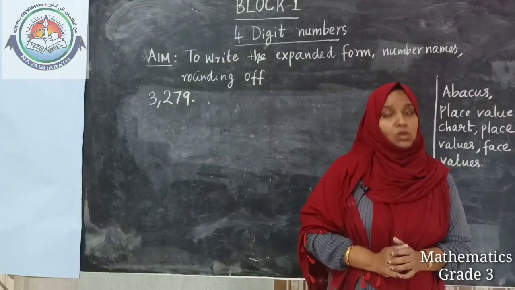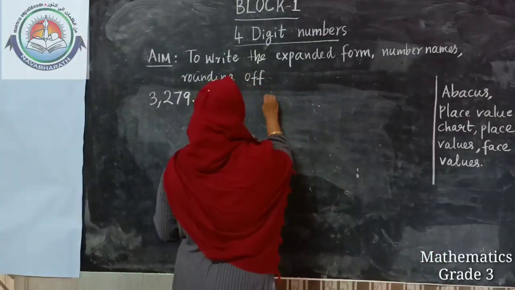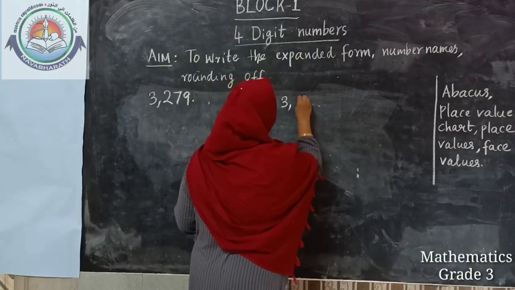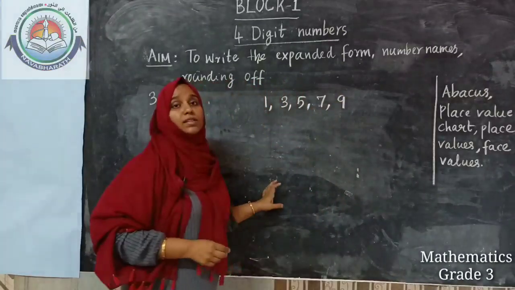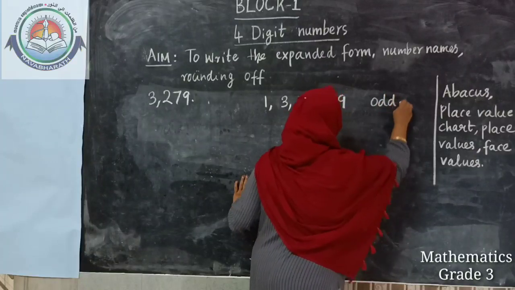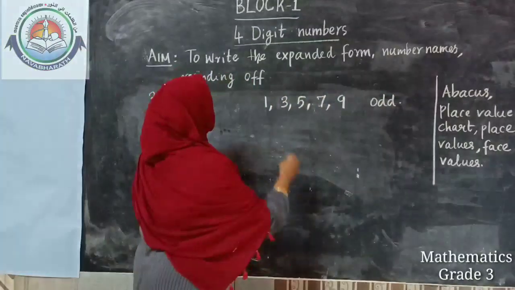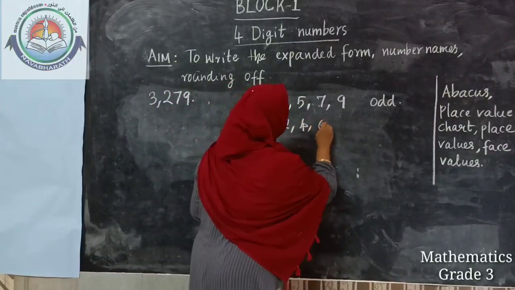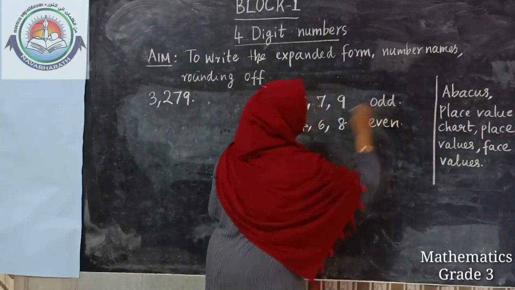Odd numbers always end in 1, 3, 5, 7 and 9. The numbers which end in these digits are called odd, and the numbers which end in 0, 2, 4, 6 and 8 are even numbers.